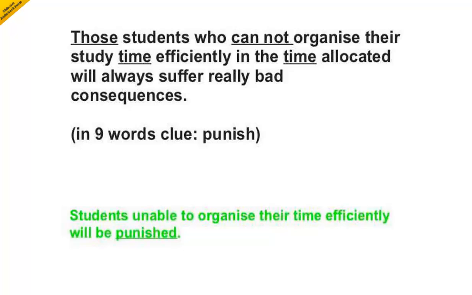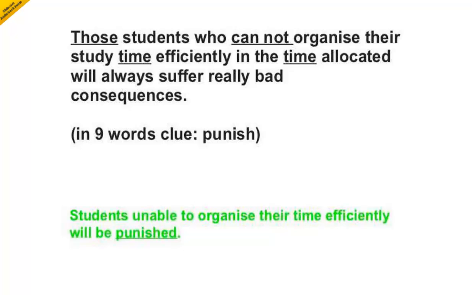We don't even need study time because we've got students. Then this last part, will always suffer really bad consequences, we could just say will be punished, and we're saying more or less the same but with less words.